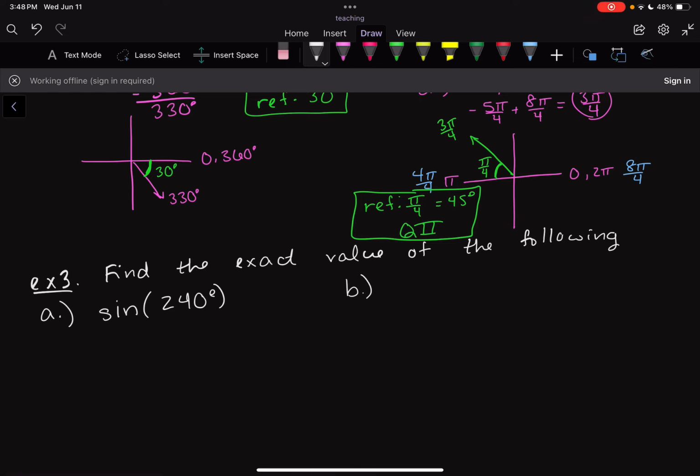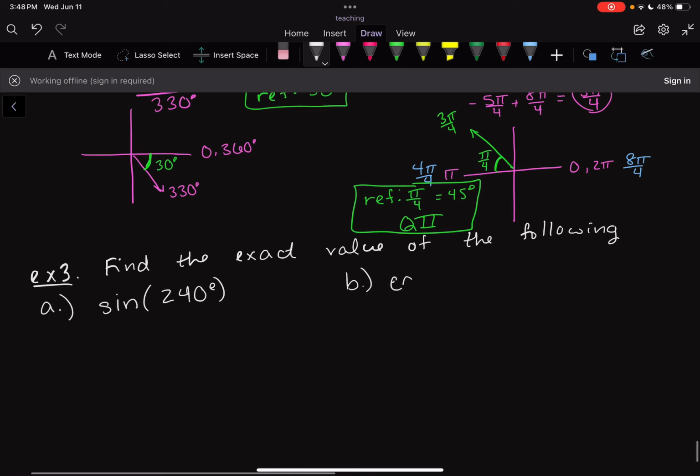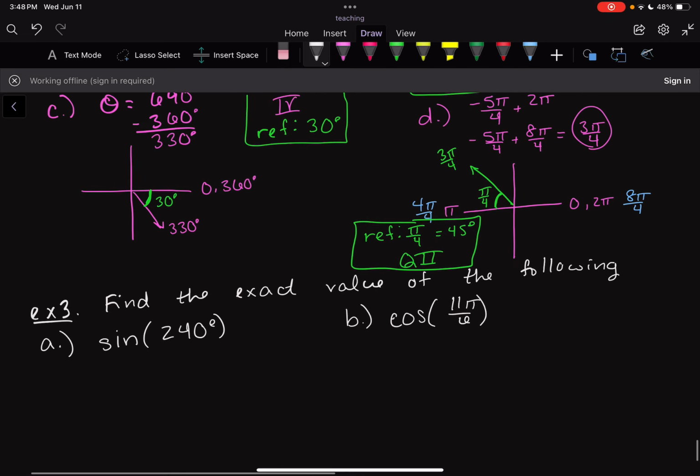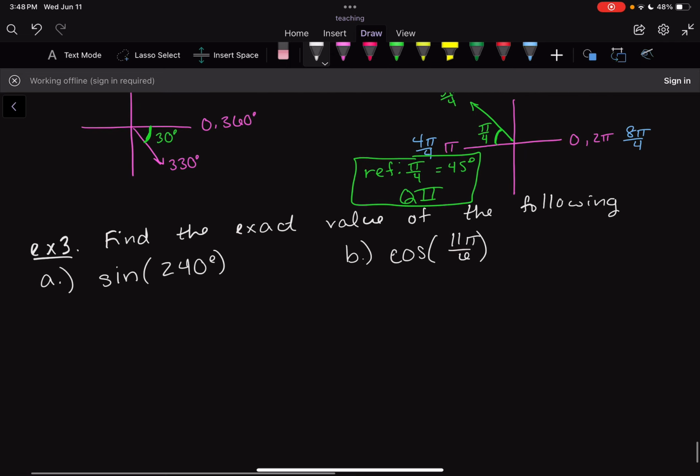Let's do cosine of 11 pi over 6. And I don't want to run out of space, so I'm going to use these for now.